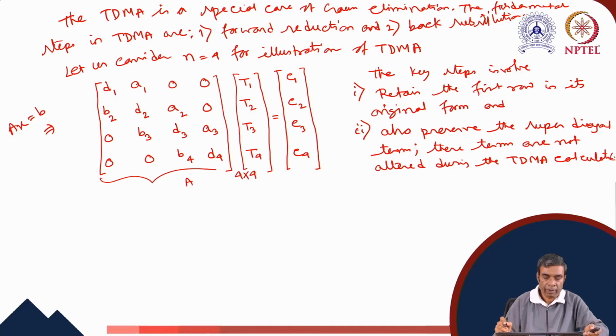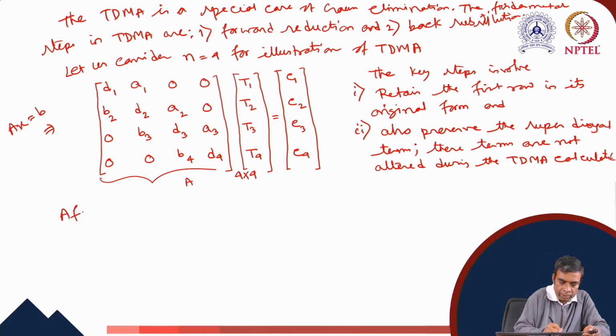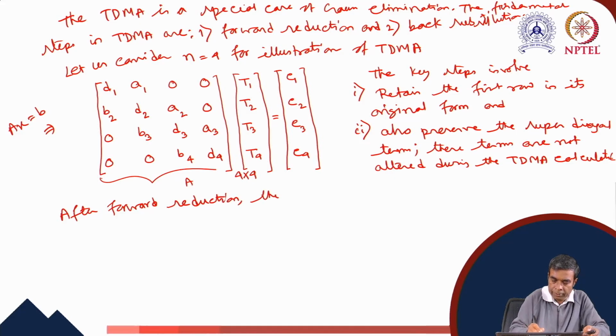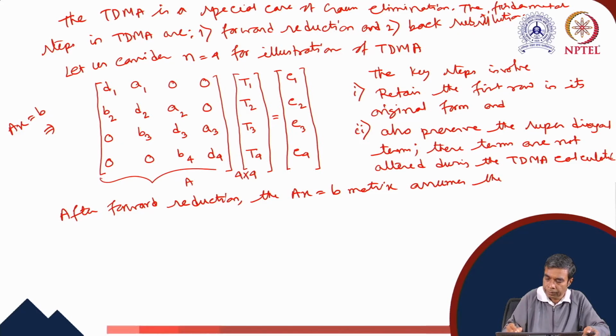So after we perform the forward reduction, the Ax equals to B matrix assumes the following form.